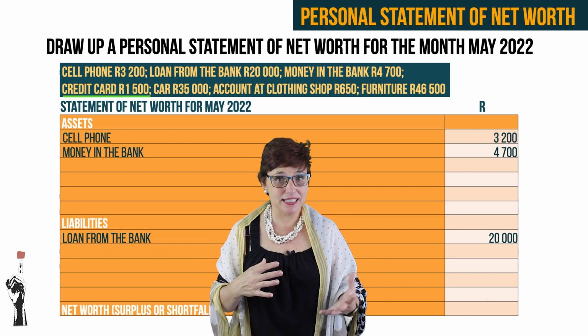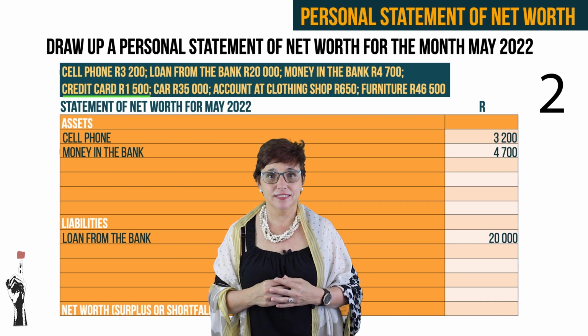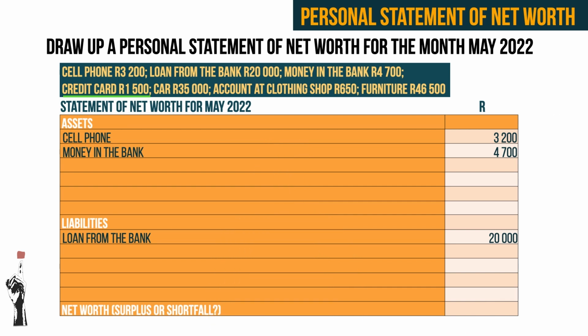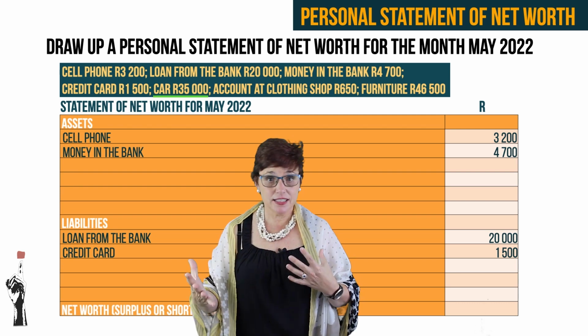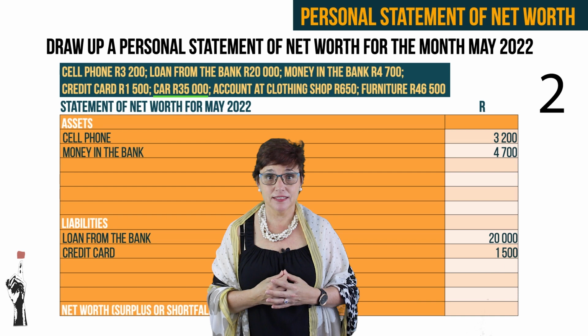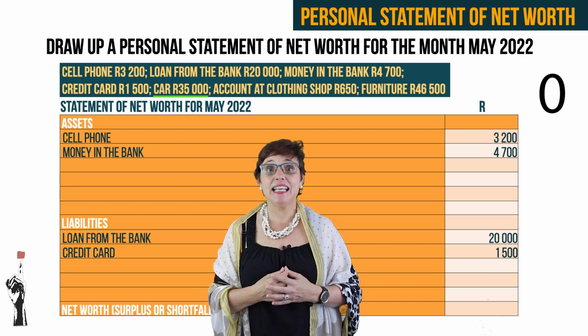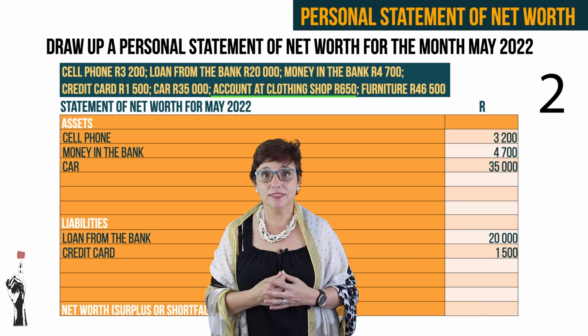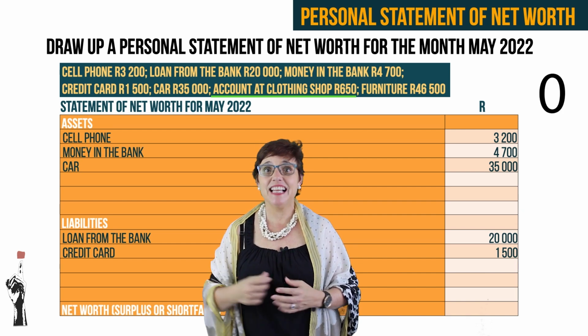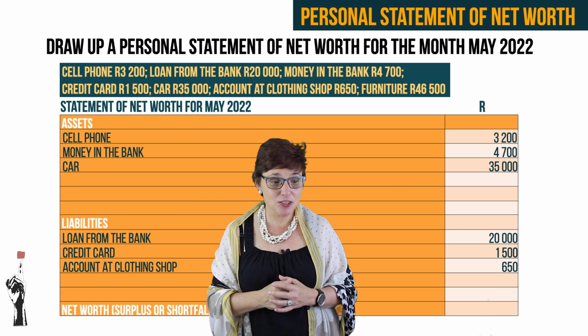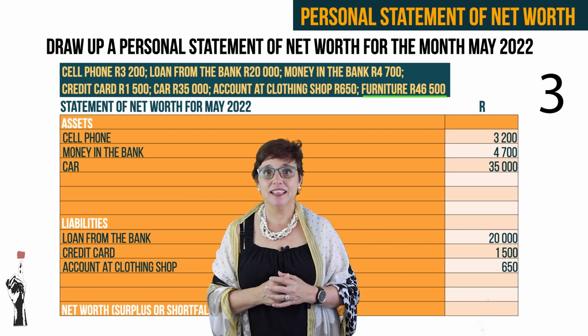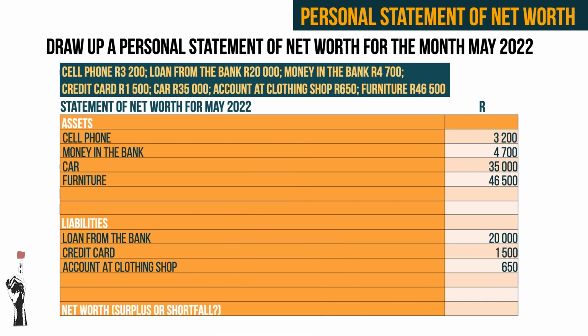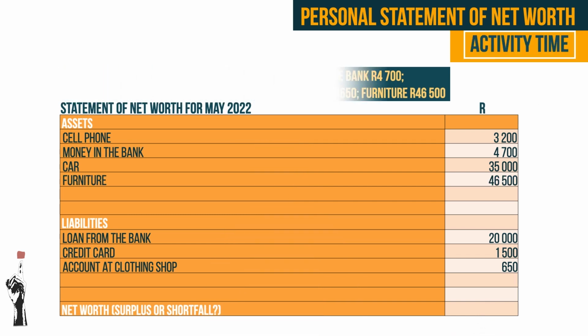Asset or liability? It is a liability. Your car. Asset or liability? It is an asset. Account at clothing shop? A liability. And the last one, furniture. Asset.